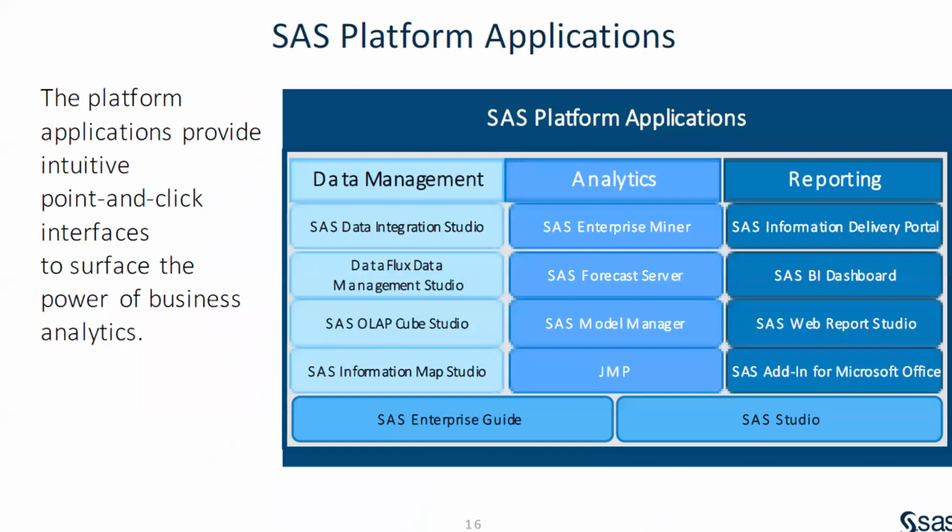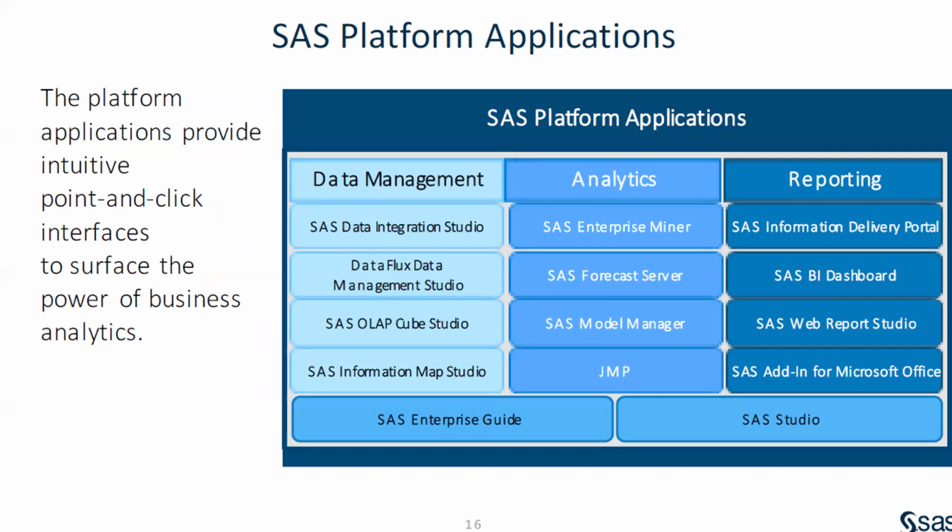Then coming to the platform applications. So what are the platform applications? We can classify them into three parts: data management, analytics, and reporting. So what's data management? Just now we discussed DI Studio, DataFlux, OLAP Cube Studio. You can consider OLAP Cube Studio also, because we are converting the data into multidimensional cubes.